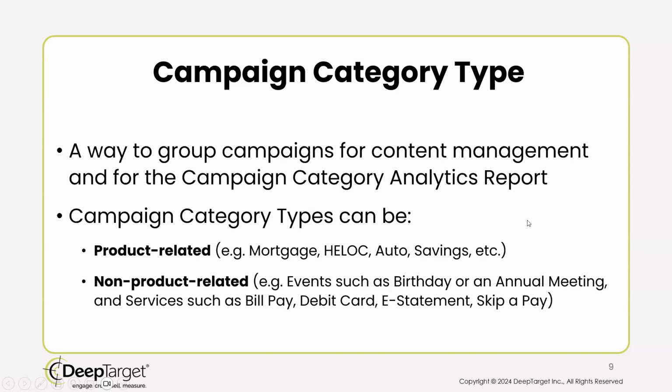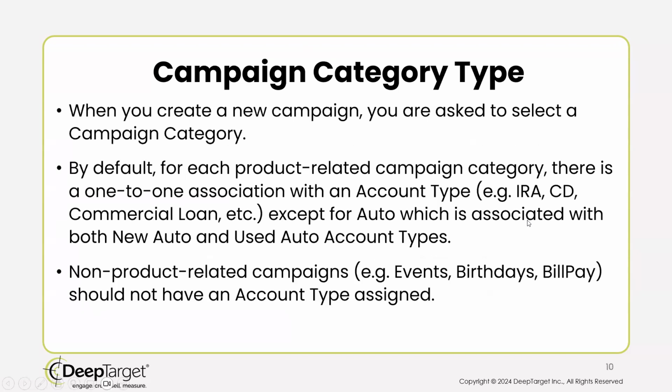And next screen. When you create a new campaign, you are asked to select a campaign category. So that's where you would choose it. And by default, for each product related campaign, it will pre-select the account type.